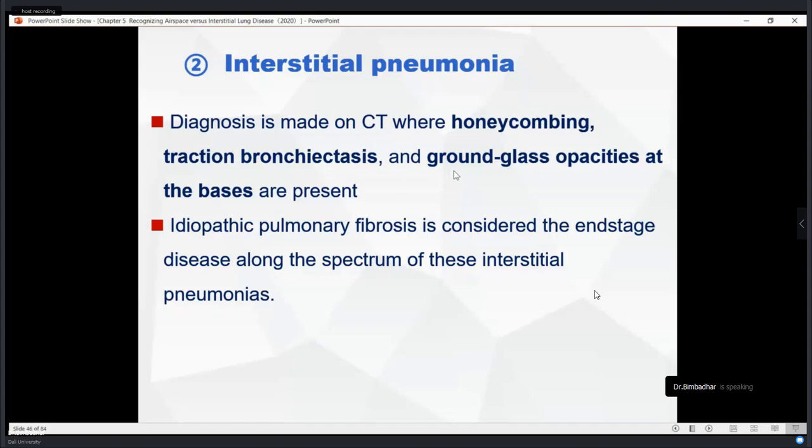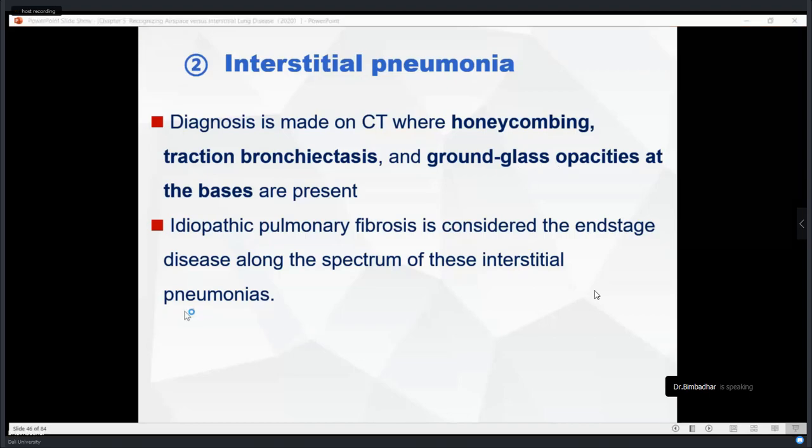And then we have ground glass opacities. Remember, ground glass opacities. I'll show you the picture. You will understand what exactly a ground glass is. Ground glass opacity, you also call them GGO. So what exactly is a ground glass?